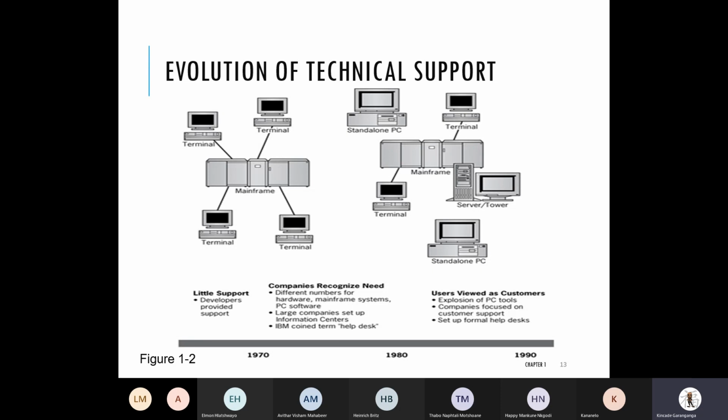And then your users were later viewed as customers. So naturally, with the growth of technology in that regard, most institutions focused on customer support, and had to set up formal help desk environments which would assist their clientele.